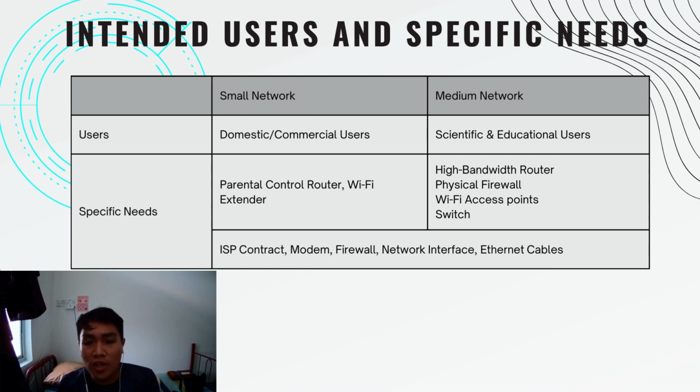And then the modem, I think the basic modem is to modulate the signals into something usable for devices. Firewall, as mentioned earlier. Network interface is already embedded in our devices, but in computers you usually have a NIC, a network interface card. And the Ethernet cables are just to connect all the physical computers to one another using the switch.